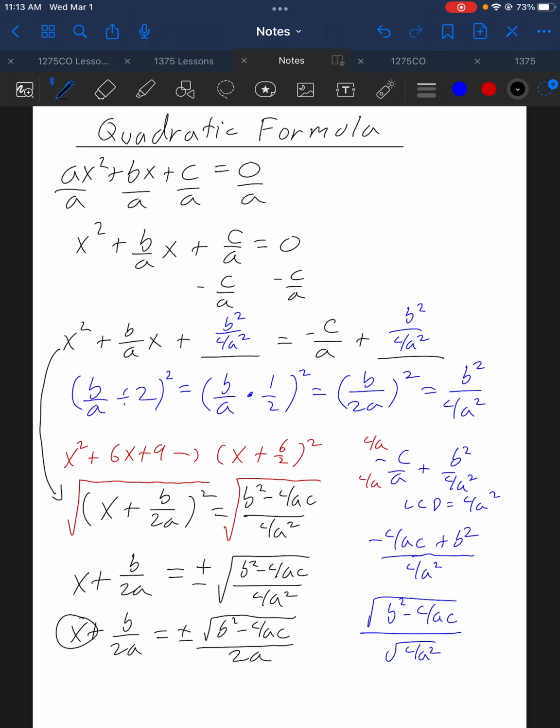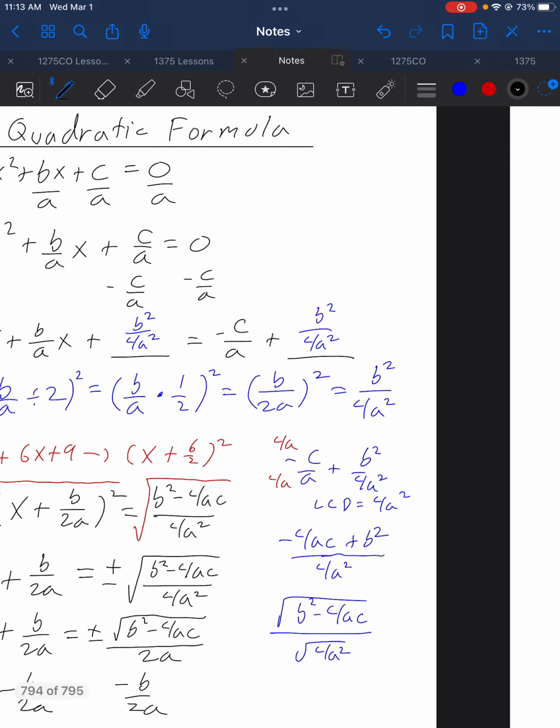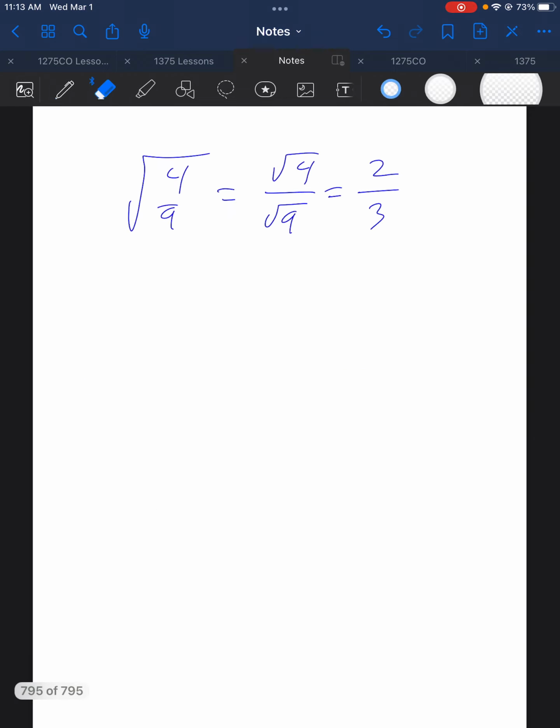Now, in order to solve for x, we're going to need to subtract b over 2a from both sides. So I'm going to continue this on the next page, which means we have x equals negative b over 2a plus or minus the square root of b squared minus 4ac, over 2a.